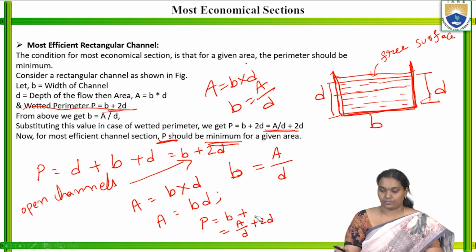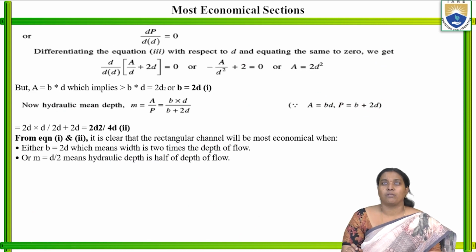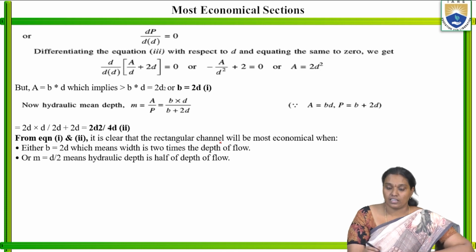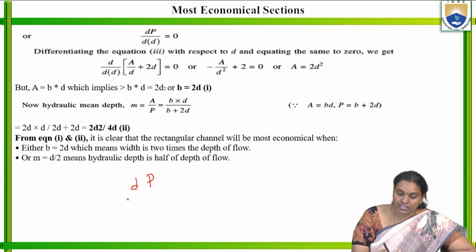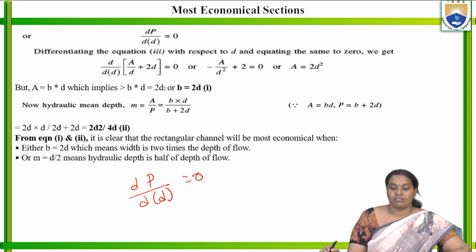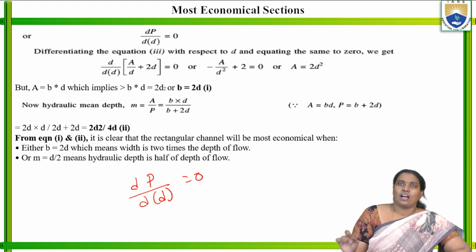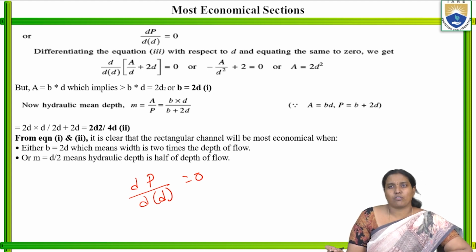Now P should be minimum. It means differentiate P with respect to the depth of the flow, and the derivative should be equal to 0. Minimum means it should be equal to 0.